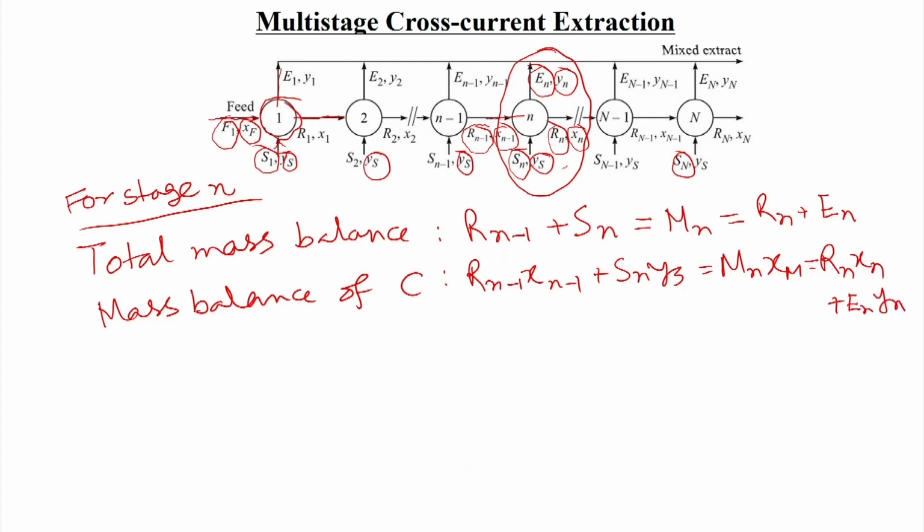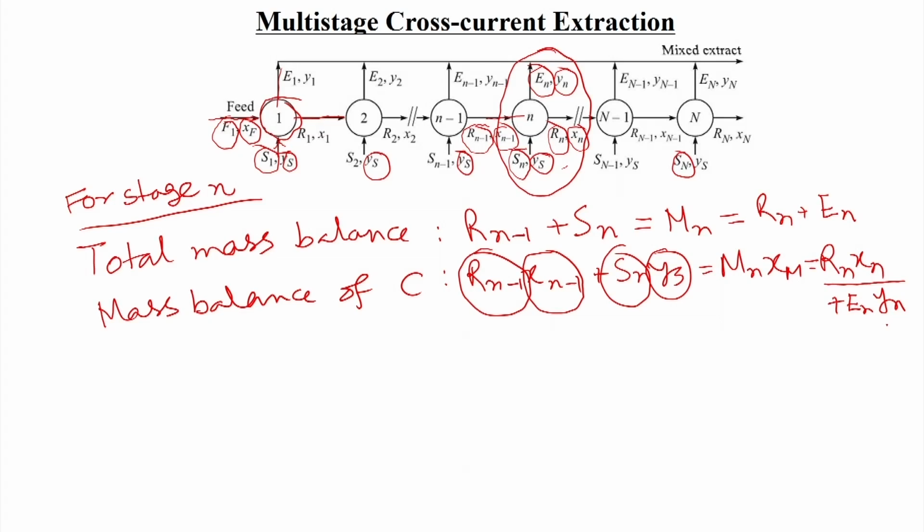If we know Rn minus 1, Sn and Ys, so we assume that these are known, and X n minus 1 also, then we will be able to get the values of Rn, Xn, En and Yn.